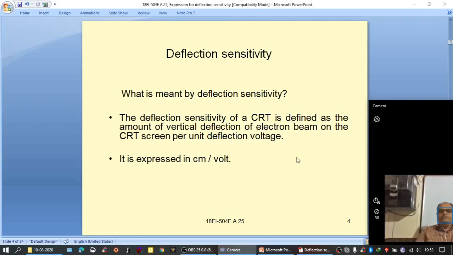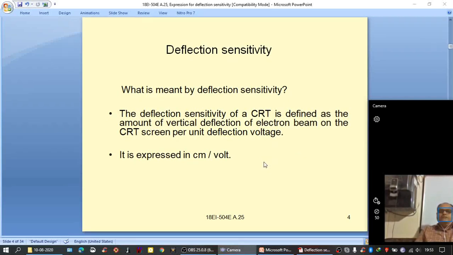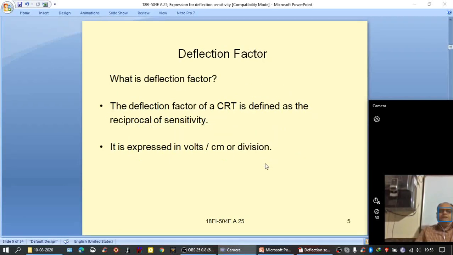The amount of vertical deflection of the electron beam on CRT screen per unit deflection voltage of the applied input signal. It is expressed in centimeters per volt, and deflection factor is the reciprocal of the deflection sensitivity of a CRT.